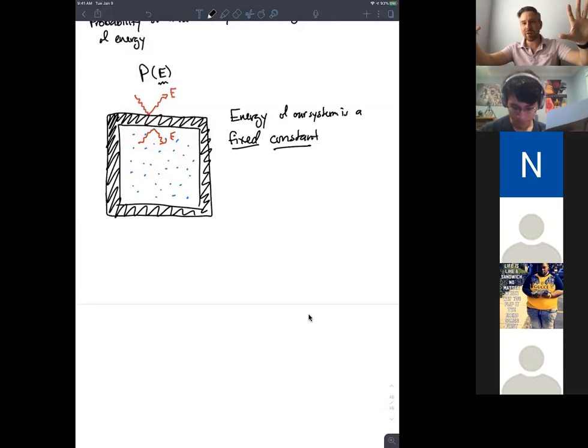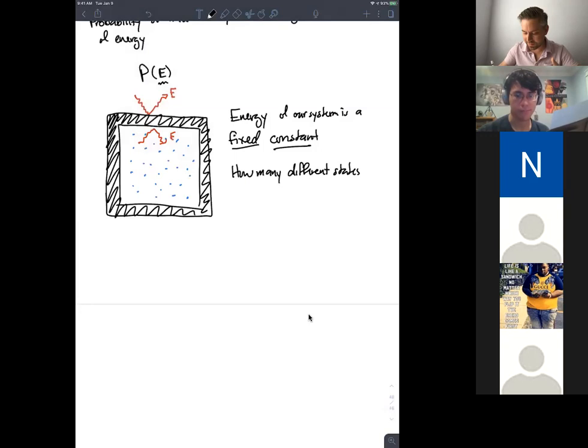And what we want to know is, for a given fixed constant energy, how many different states are there that this box can be in? So that's what we want to answer.